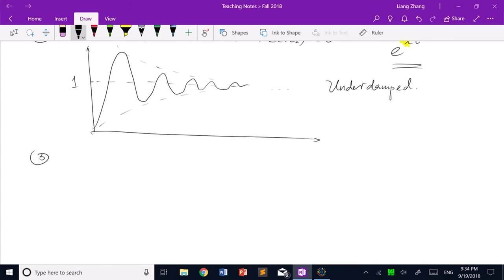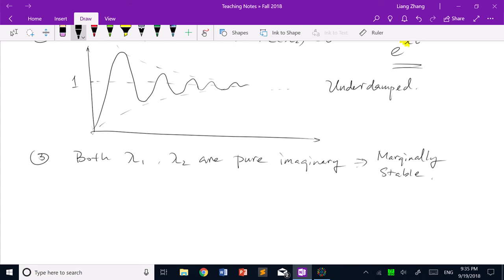Now, third case is a little bit special. We're assuming both lambda 1 and lambda 2 are pure imaginary. That means, well, this case actually implies the system is not asymptotically stable, but marginally stable.